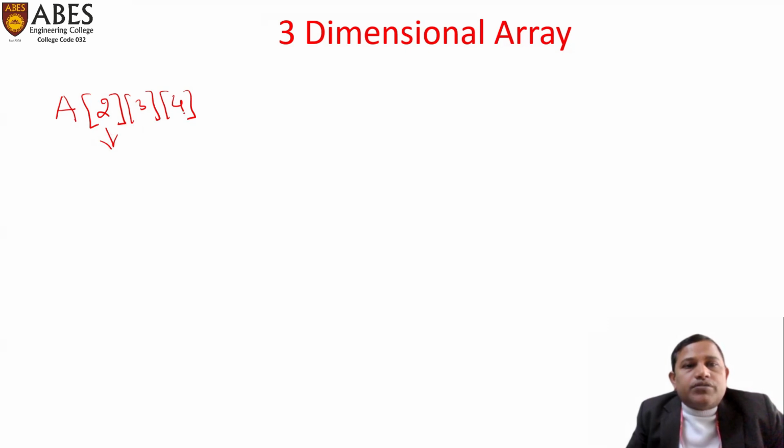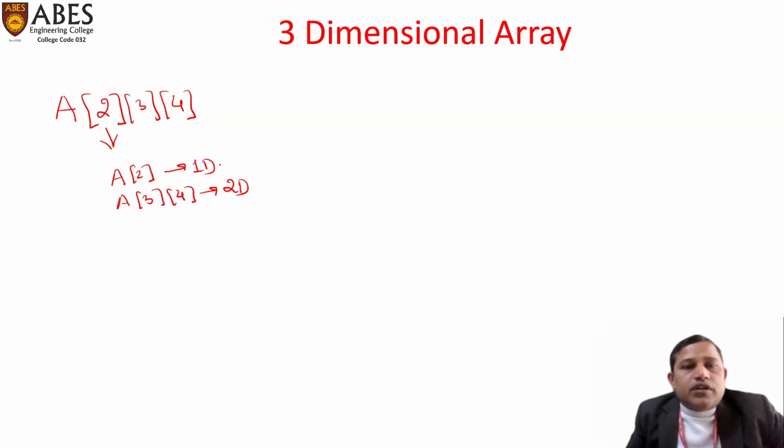There are three subscripts. If you have a single subscript, it is a one-dimensional array. If it has two subscripts, it is known as a two-dimensional array. And if it has three subscripts, it is called a three-dimensional array.